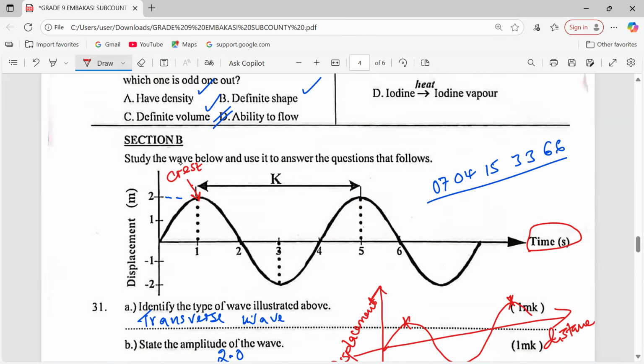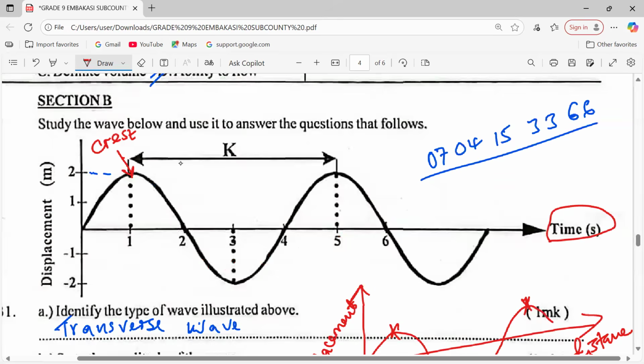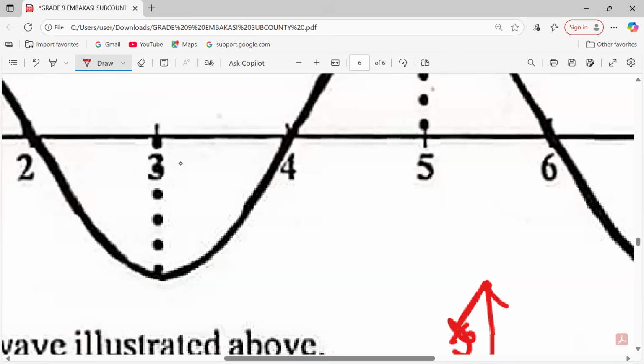Then trough shall be the bottommost point. So that's how you're supposed to know that whenever you are labeling a crest, you need to look at the topmost point of the curve. And whenever you're talking about trough, it should be the bottommost.